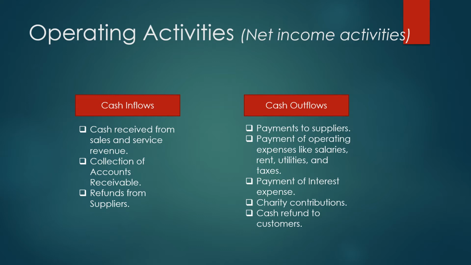Second, payment of operating expenses like salaries, rents, utilities, and taxes. So, yung mga binayad mo for your salaries expense, renta mo sa bakery, pambayad sa Meralco, sa water bill, sa income taxes, those are cash outflows under operating activities.